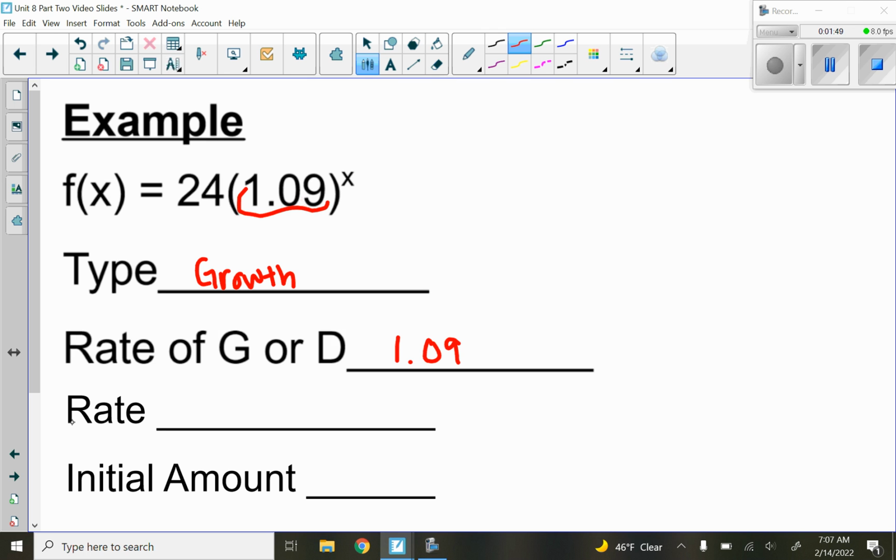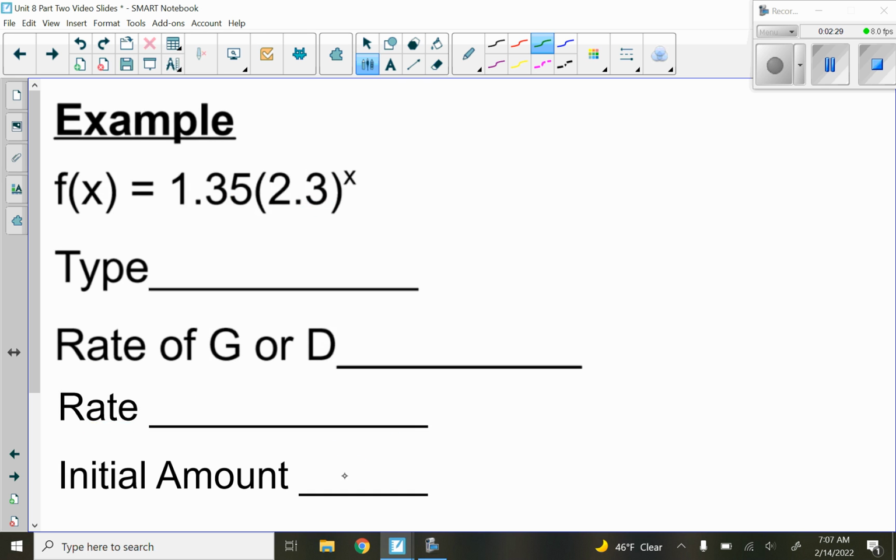When I'm asked for just the rate, I'm going to take our growth, 1.09, and subtract 1 from it, which means our rate is 0.09. And then your initial amount is that number in front, that A, which is 24.